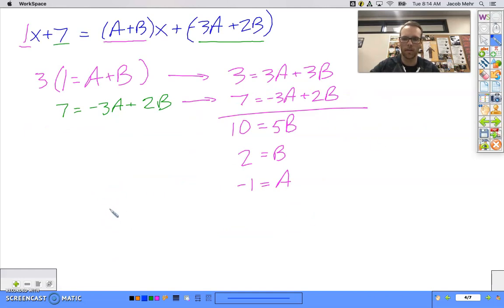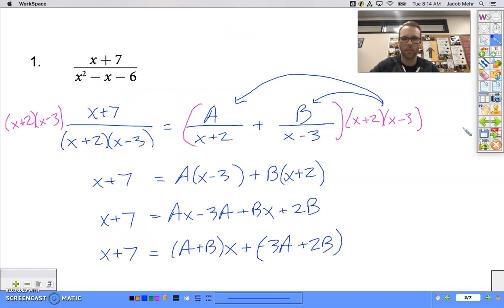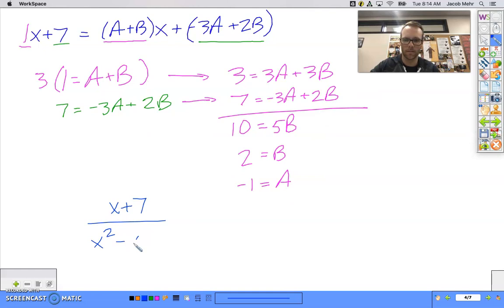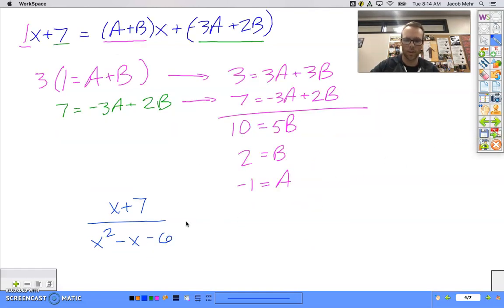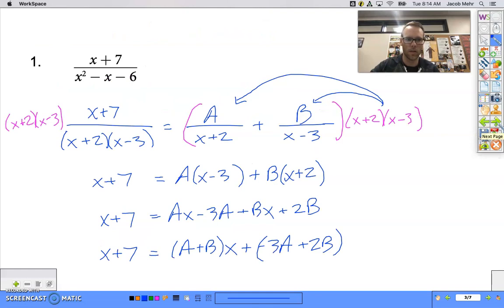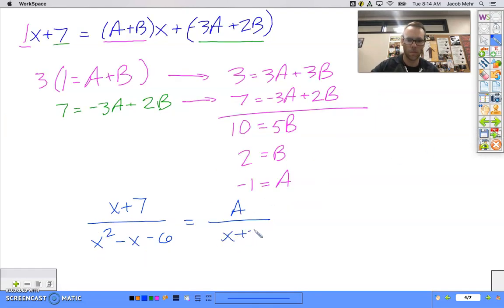So we have x plus 7 over x squared minus x minus 6 equals, then we split it into a over x plus 2 plus b over x minus 3, but now we know what a and b are.